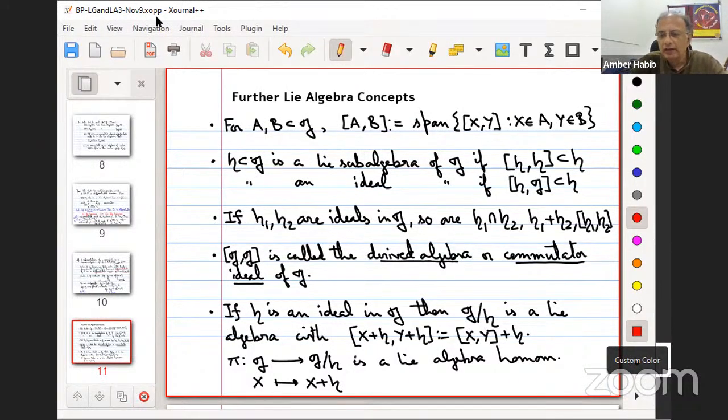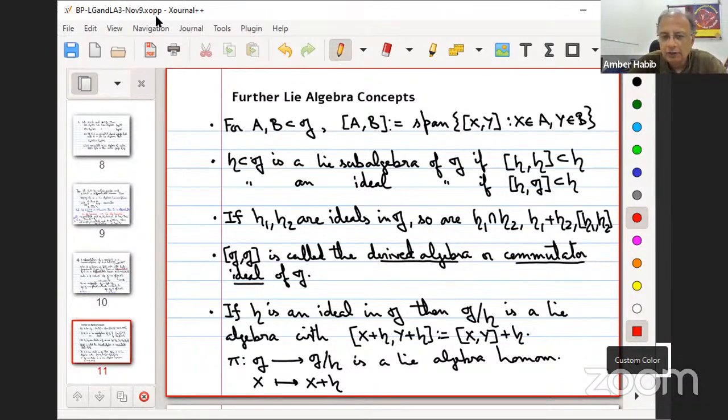Given any two subsets A and B of a Lie algebra, you define their bracket as the span of all the commutators [x,y], where x is coming from A and y is coming from B. So, for example, when is some subset H of G a Lie subalgebra? If its bracket with itself stays in H. When is it an ideal? If the bracket of H with G stays in H. So this is convenient for capturing things.